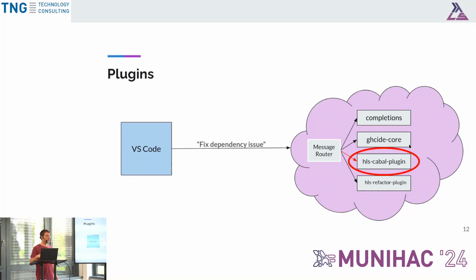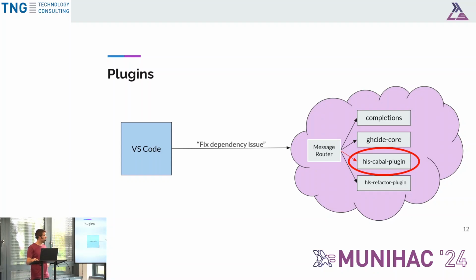GHCIDE core, as it only handles the core implementations of Haskell type checking, also does not know how to handle code action requests. However, our cabal plugin specifies that it can handle these code action requests in practice. Similarly, the HLS refactor plugin also knows how to handle such code action requests, and could, in theory, also respond to this particular request from the client.